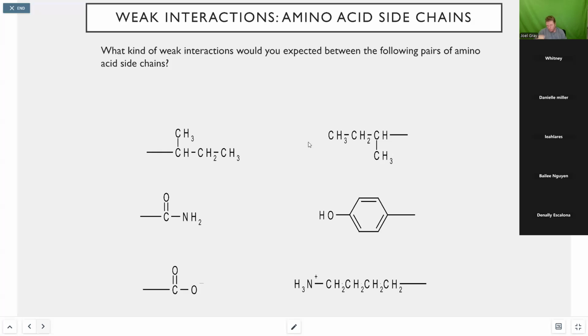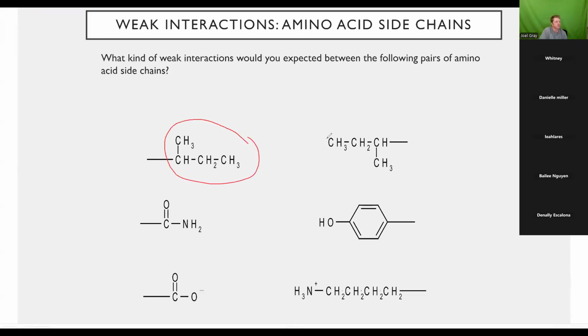Our final slide for this presentation is all about the interactions that different amino acids can have. One thing that I want you to recognize about these two amino acids right here is that it's just a bunch of hydrocarbons. Add to the chat what type of interactions you think are going to take place between these two amino acids.